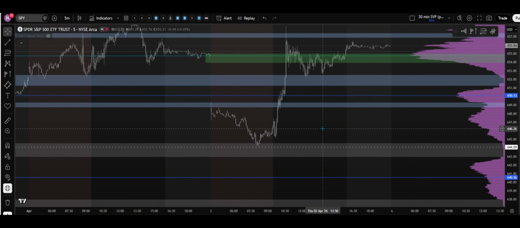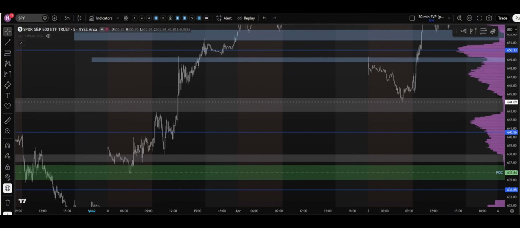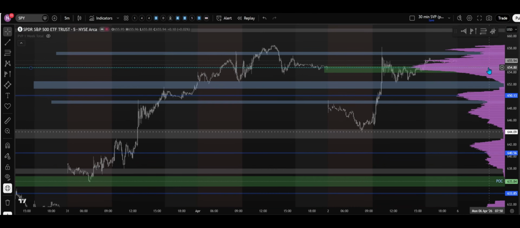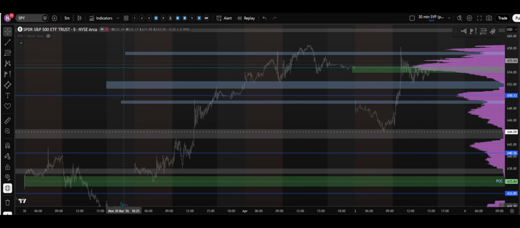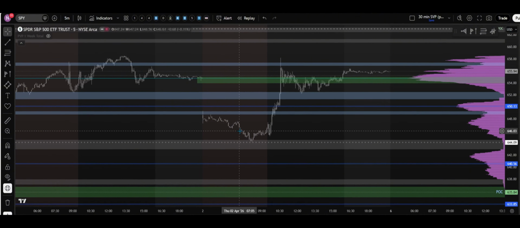And of course, as a day trader, that also lines up with the volume of this uptrend right here, which is what we have in this purple. Our long-term volume profile, our 30-minute volume profile, and the volume of just this specific uptrend all show us that we have support at this 644 area. That's exactly where we touched off right there, and immediately prices ripped back up.